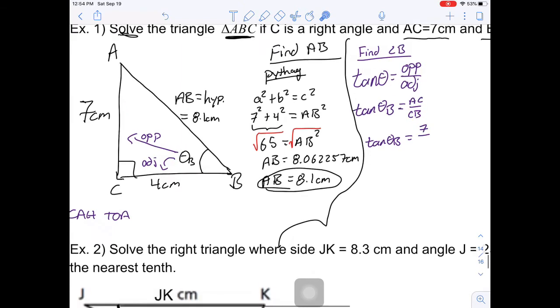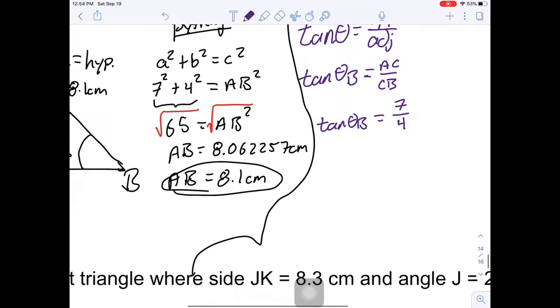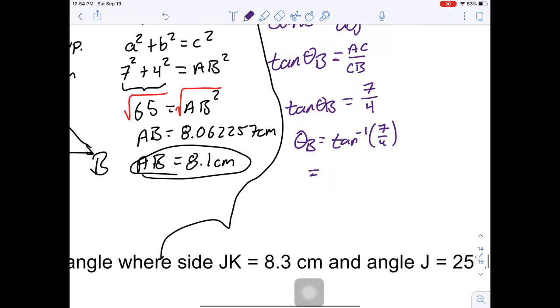CB is 4, so let's plug in 4. Now remember, we're solving for the angle here. When you're solving for an angle, you have to take the inverse of the ratio. So that means angle B is going to be the inverse tan of 7 over 4. Okay, and let's plug that into our calculator.